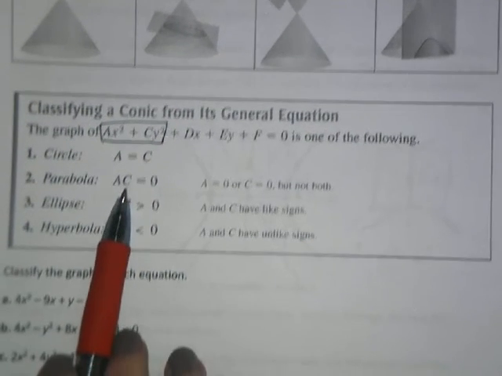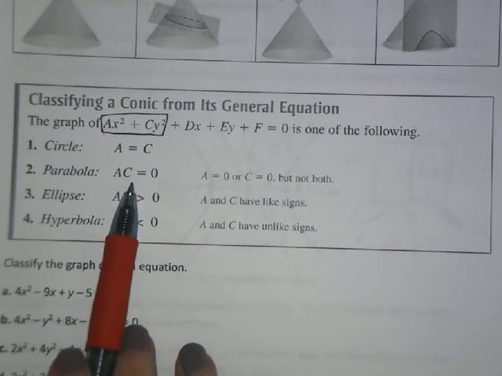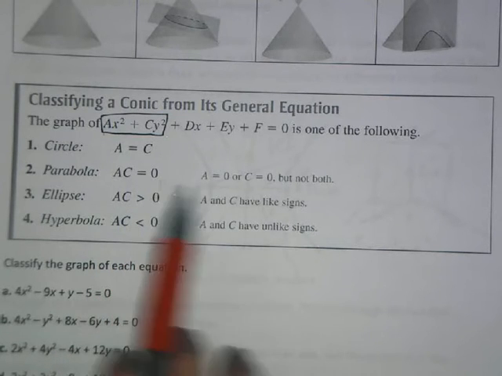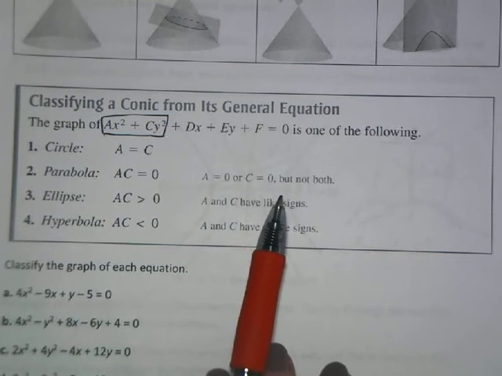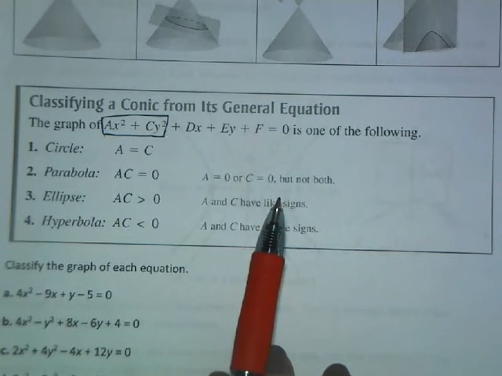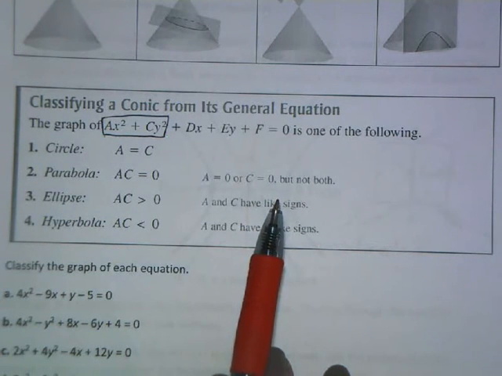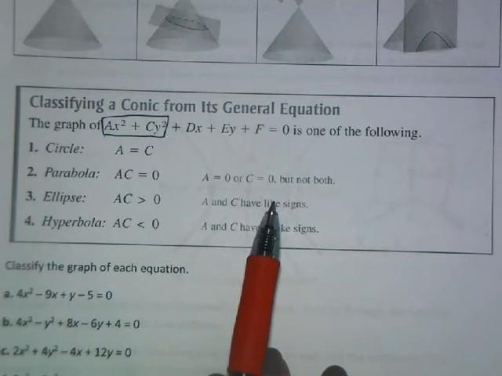If you multiply them together and you get 0, meaning one of them was 0 but not both, so you only have an x squared or a y squared term and the other one is not there, you automatically have a parabola. That's the easiest one to pick out.